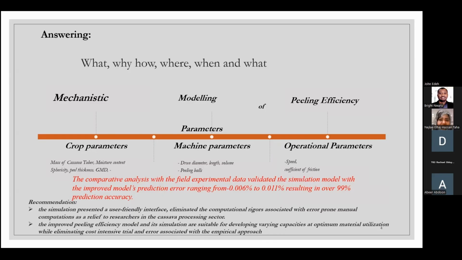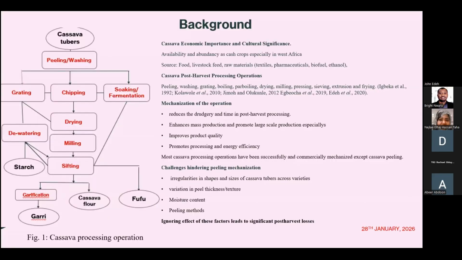Crop parameters like shape, size, color, texture, and the rest of them, peculiar to that particular crop that the machine is going to handle. While the machine parameters have to do with certain machine characteristics like the length and diameter of the drums, and the rest of them. Operational parameters like speed are part of the intervening variables we looked at.